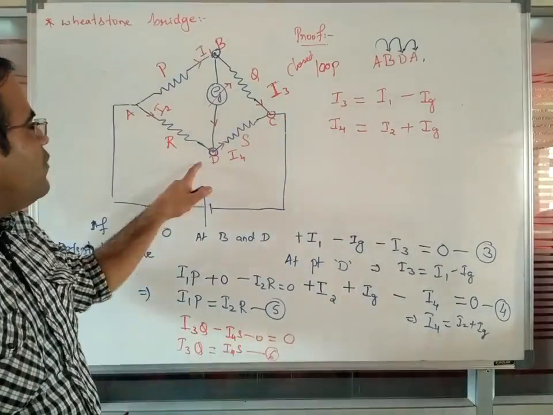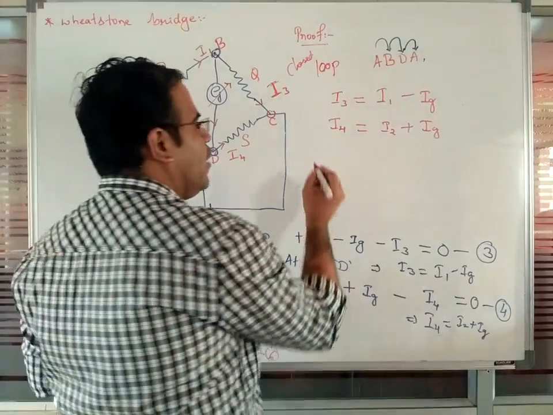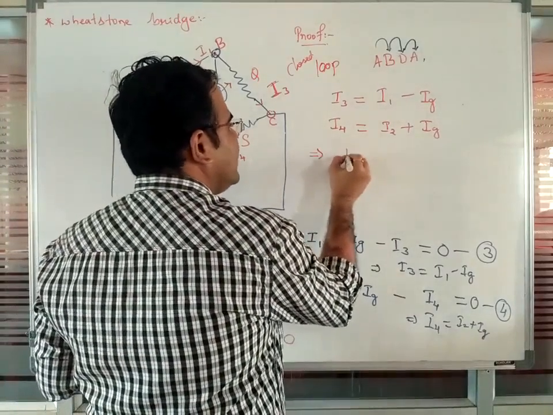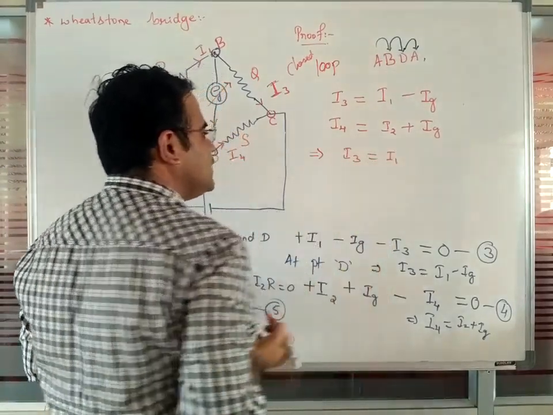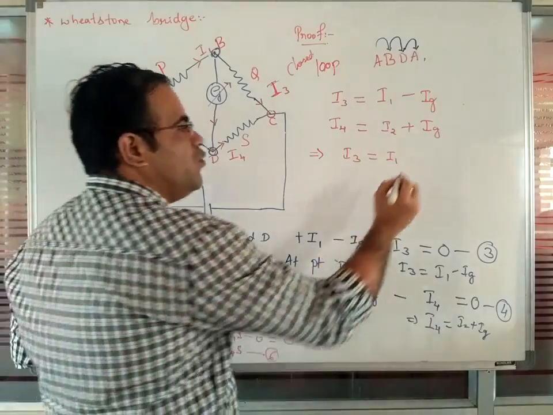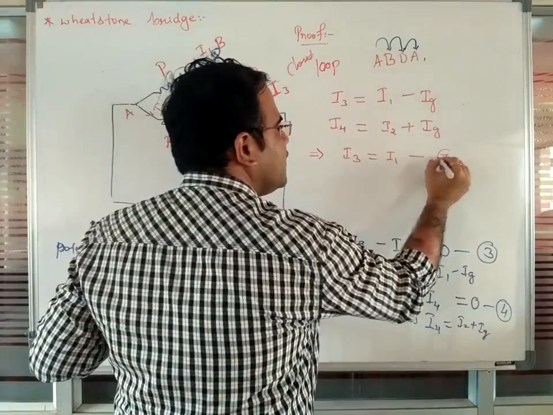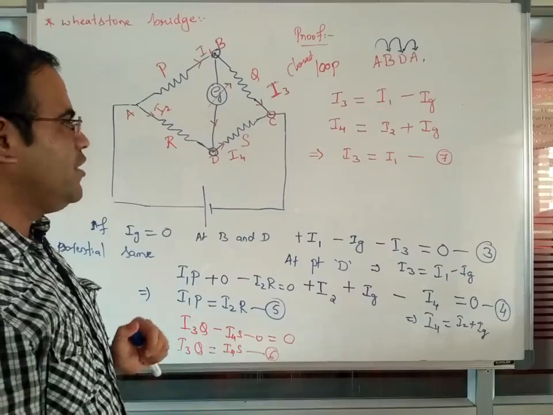Now when the Ig value is 0, this implies I3 is equal to I1, which will be taken as the seventh equation.